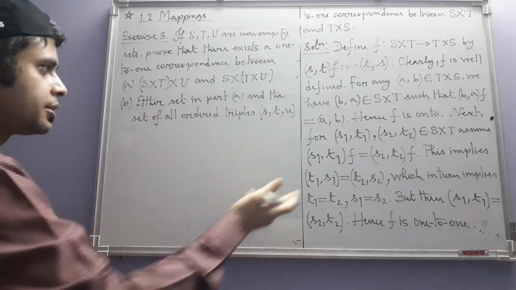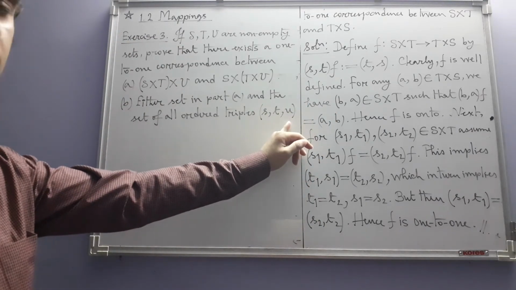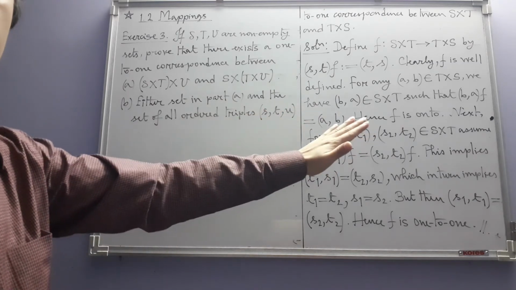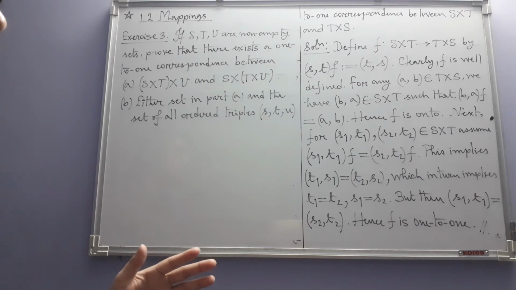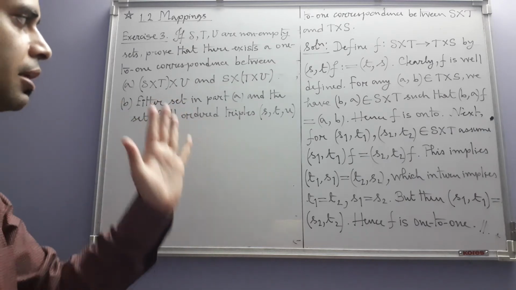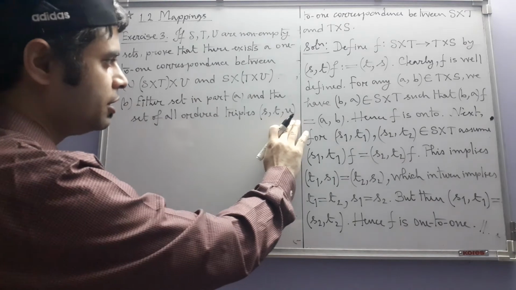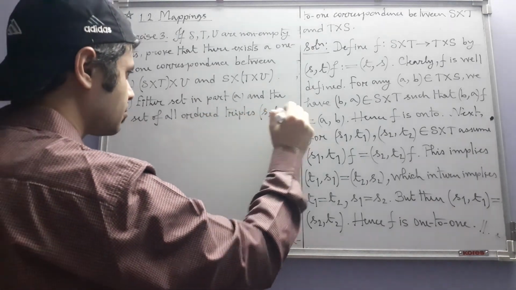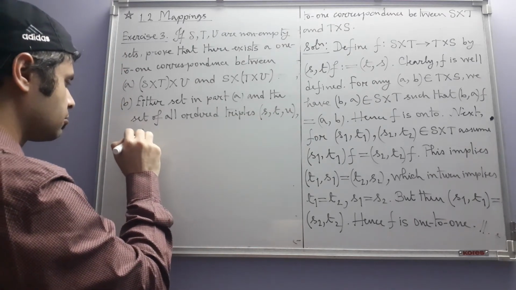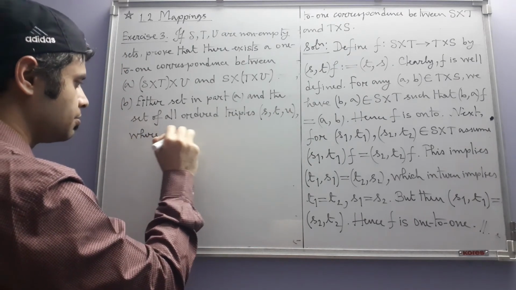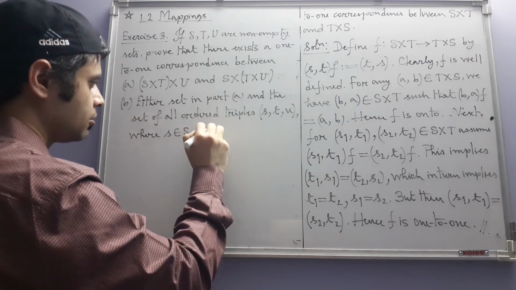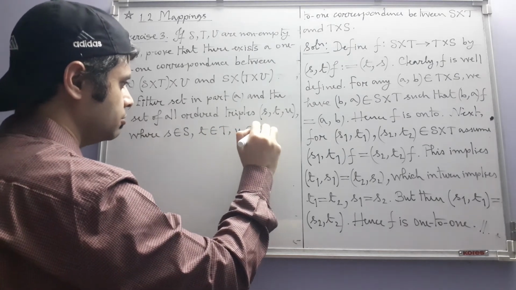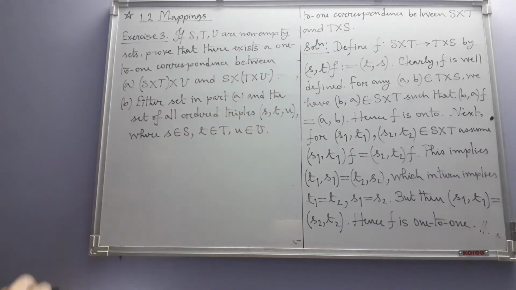Just like ordered pairs, we also have the concept of ordered triples, or in fact an ordered set of any finite number of elements, and sometimes also infinite number of elements, but let's just leave those things. We have an object like this, where s belongs to S, t belongs to T, and u belongs to U. This one I will not solve fully.